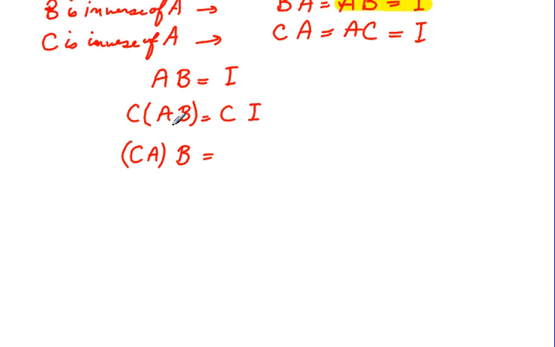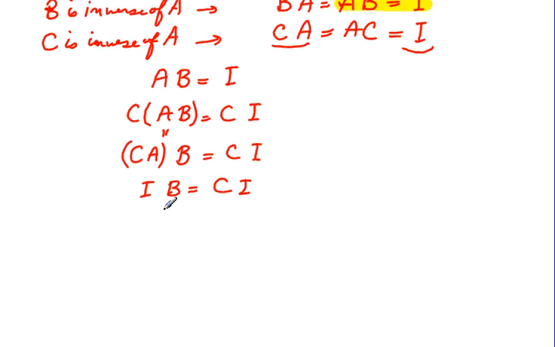You can rearrange the order of operation and you still get the same thing. So these two guys are the same. Now what is C times A? The other student claiming that he found an inverse, his inverse is C. So C times A has to be what? Identity.